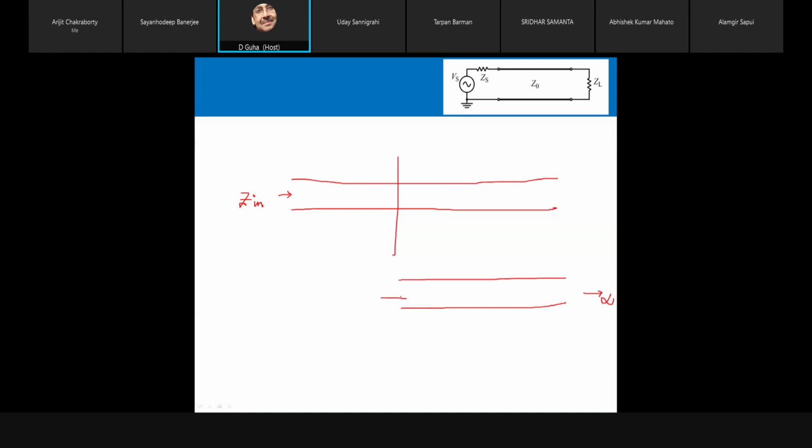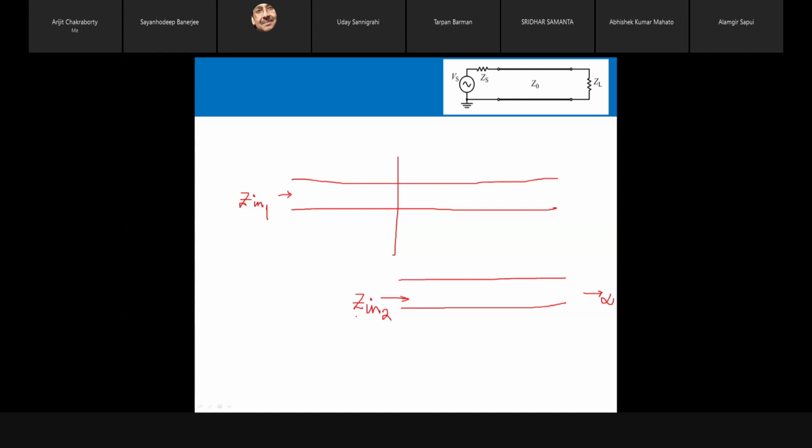So now I am again trying to find out my input impedance. What will be my input impedance? Input impedance 2 and input impedance 1. Is there any relation between 1 and 2?